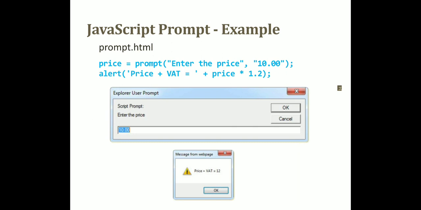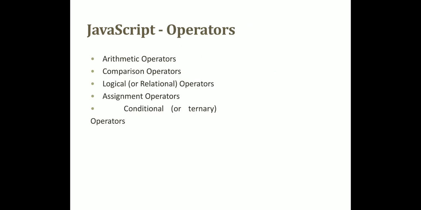So here, after okay, if you enter the value 10, it will show the message as price plus VAT equals 12. So this is about your prompt example.